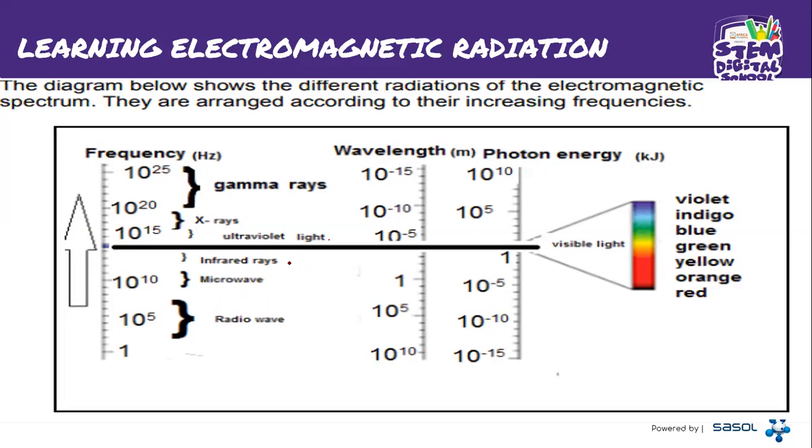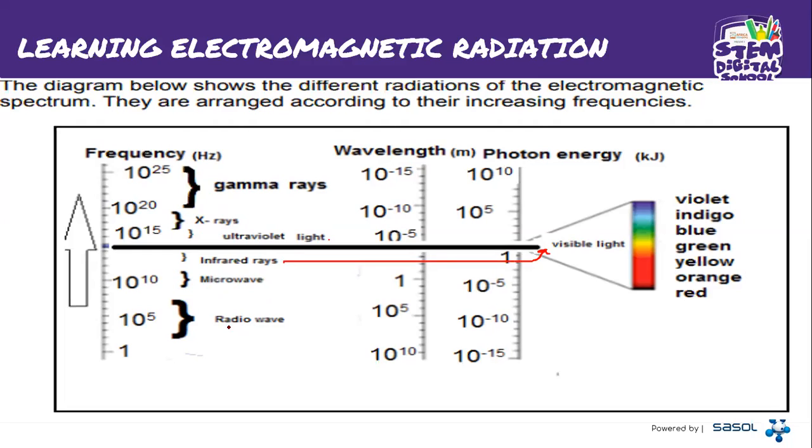From infrared rays, then it definitely goes to visible light. And then from visible light, we have ultraviolet light, and then we have X-rays and we have gamma rays. The order there that I've just read, my dear learners, it's an order of increasing frequency.